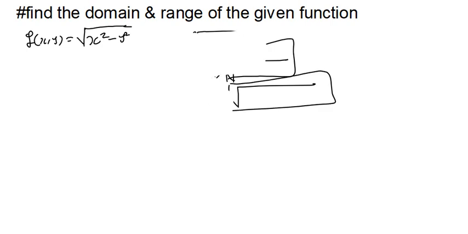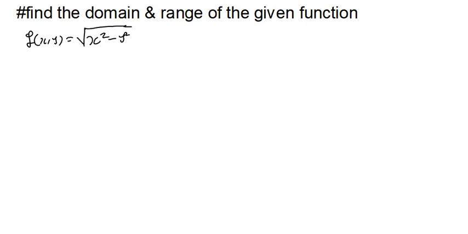When it comes to a root, we really need to be careful when determining the domain. If I'm dealing with a third root, an odd number, the domain is different from when it's a square root, where we have 2, an even number, or maybe 4, 6, 8, 10, and so on.